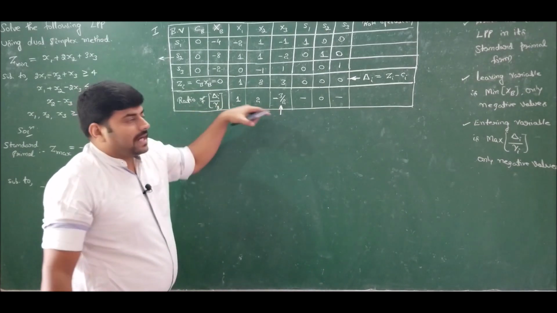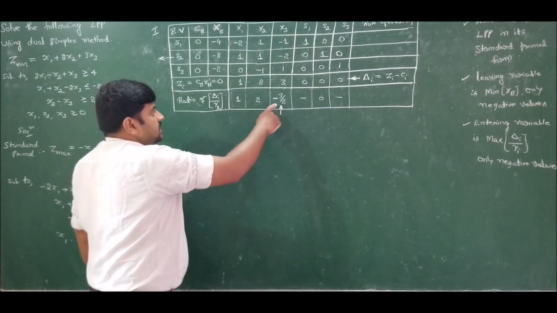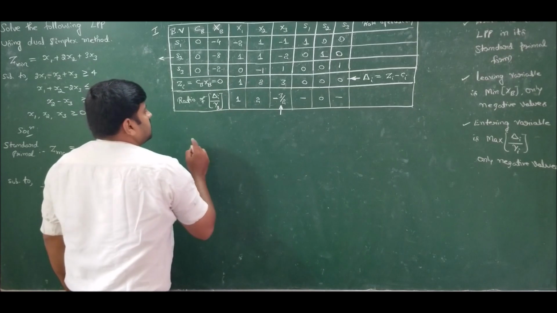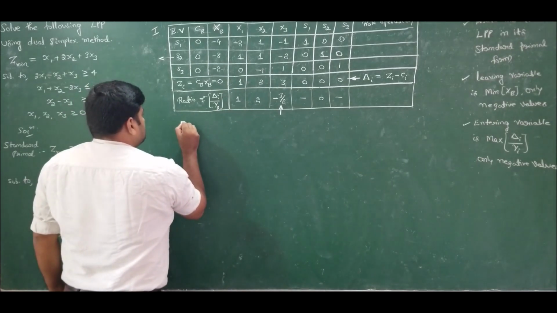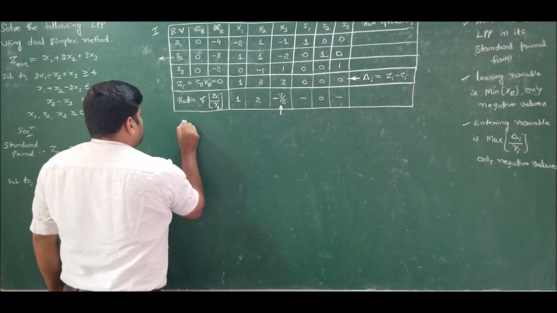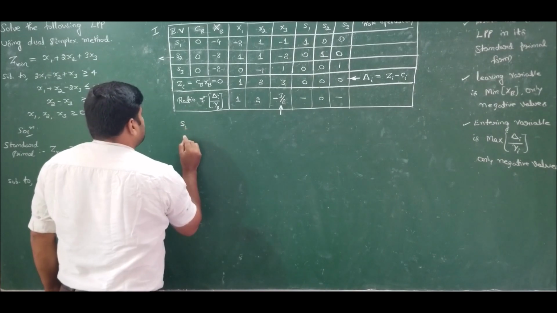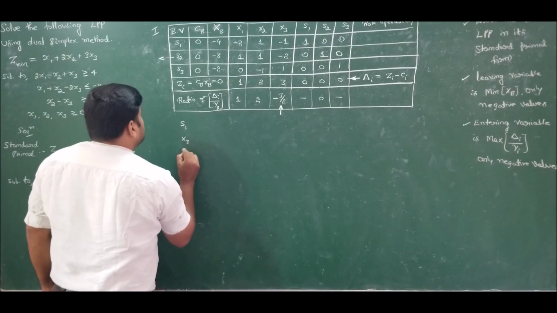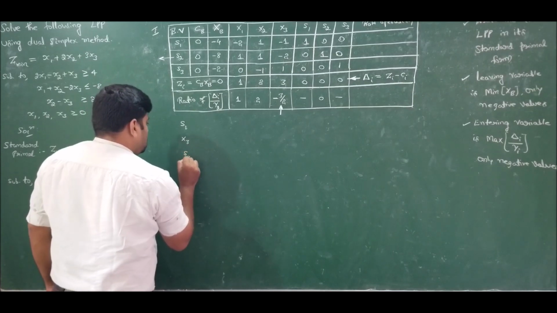So now we have only one negative, no need to worry much. So the entering variable is x3. So therefore if I write the simplex table for step 2, we have s1 basic variable, x2 is leaving, x3 is entering, we have s3.